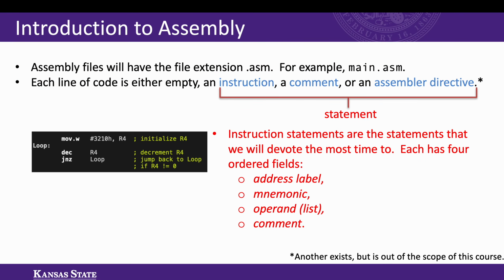Now the meat and potatoes, the one that we're going to devote most of our time to studying, is the instruction statement. When you think about assembly, when you think about programming, this is the statement you're thinking about. This is just one level of abstraction higher than programming in binary.